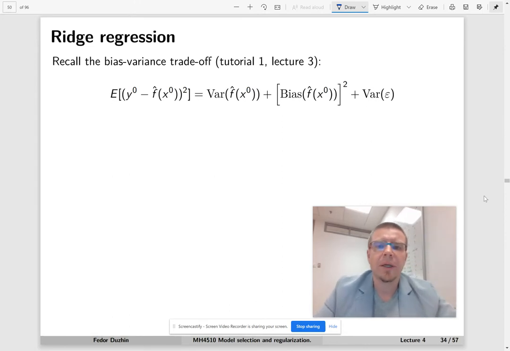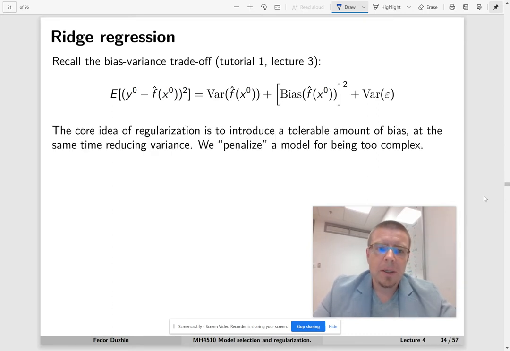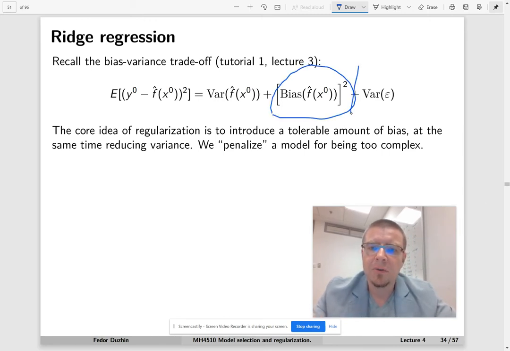In tutorial 1 and in lecture 3, the expected error of our model can be expressed as the sum of three terms: variance, bias, and the irreducible error, which is the variance of this random noise. The core idea of regularization is to consciously introduce some amount of bias, so that this bias goes up, at the same time reducing the variance, right?